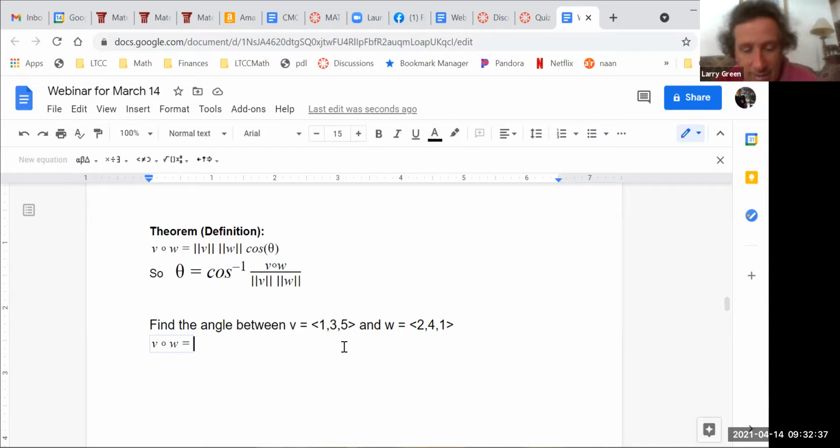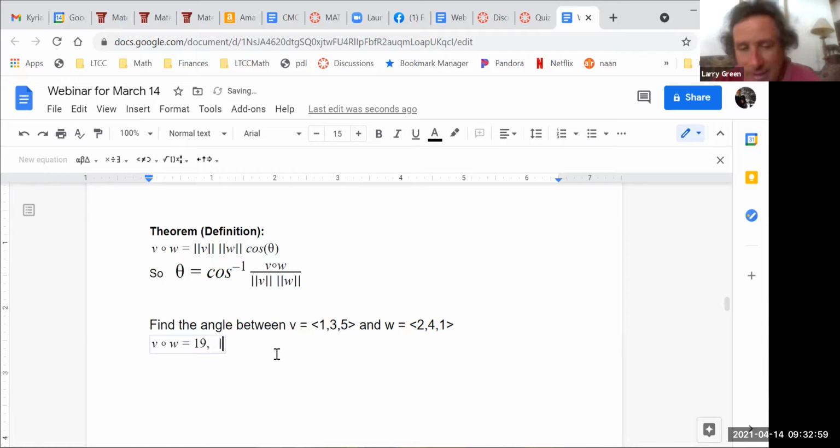So that's 19. Okay, notice V dot W is not a vector. It is a number. So V dot W is not 2, 12, 5. It's 2 plus 12 plus 5. So it's very, very important to get that down.